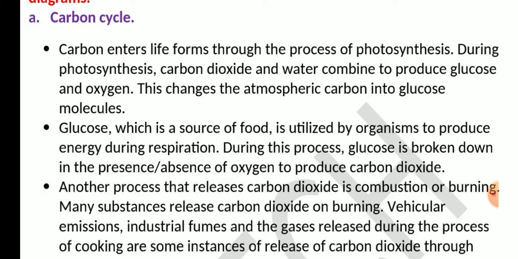This changes the atmospheric carbon into glucose molecule. This is the first step. Then glucose, which is a source of food, is utilized by organisms to produce energy during respiration. Then during this process, glucose is broken down in the presence or absence of oxygen to produce carbon dioxide.